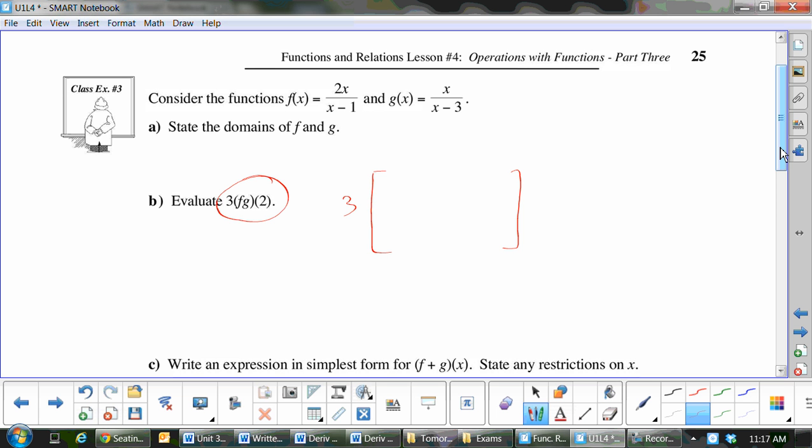Now, fg of 2 is 2 times, now I'm putting a 2 in there, 2 times 2 over 2 minus 1 times 2 over 2 minus 3. So I have just put in 2's for x's.